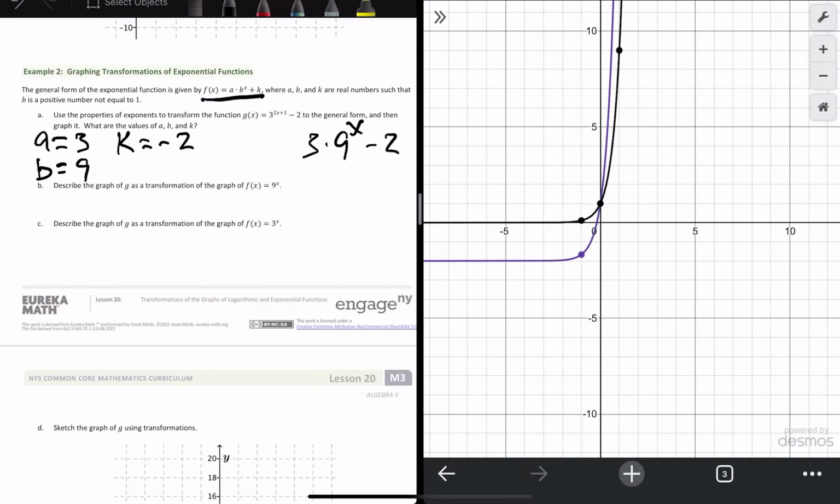That 3 is what? We've got 3 times 9x. Okay, so if this is our original, and this is what we have now, that 3 is going to be our vertical scaling, and that's going to be of a factor of 3. And this is a vertical translation, and that is going to be 2 to the left.